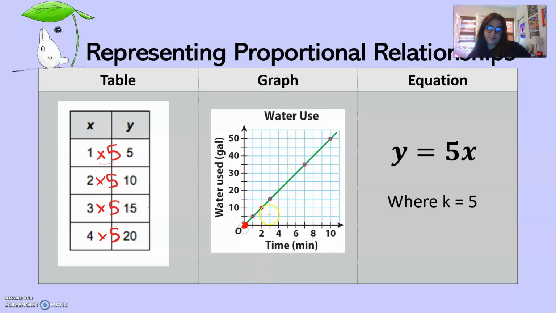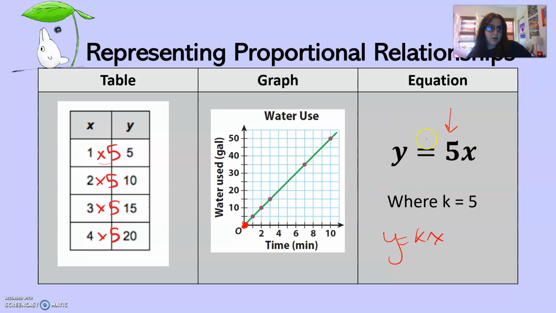which is (0, 0). And we can also write an equation using our constant of proportionality where k equals 5. We found that from the table. And we can just plug it in for our k here. y equals kx. So y equals 5x represents this graph.